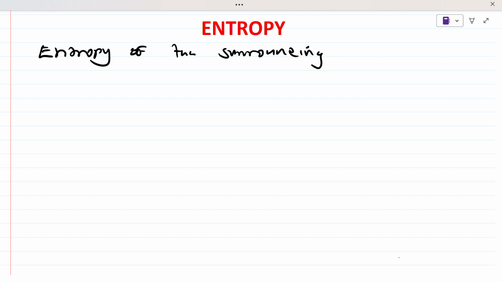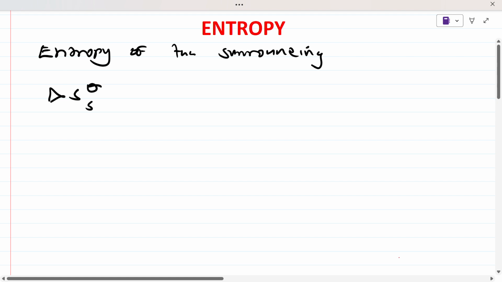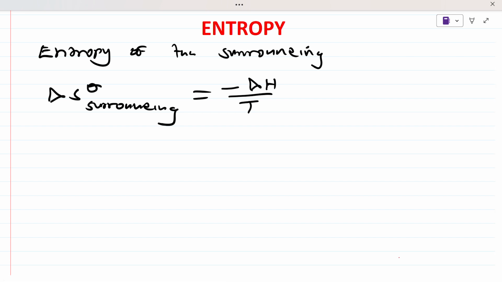Now, to understand entropy of surrounding, we always use a formula: negative enthalpy change divided by temperature.